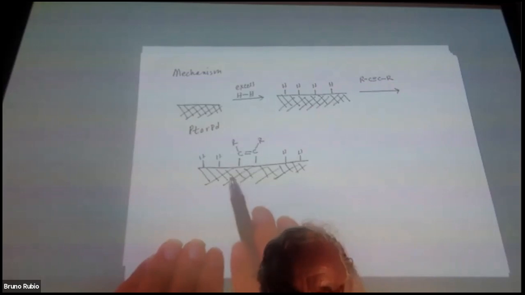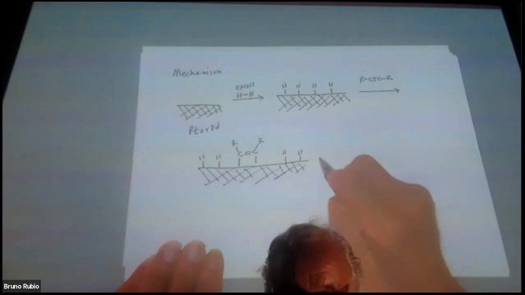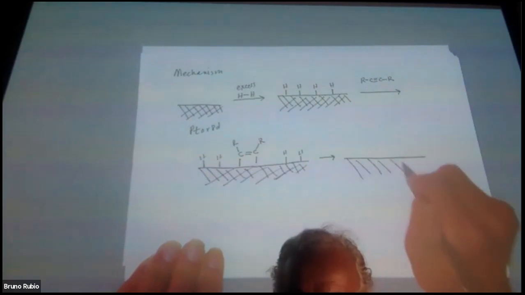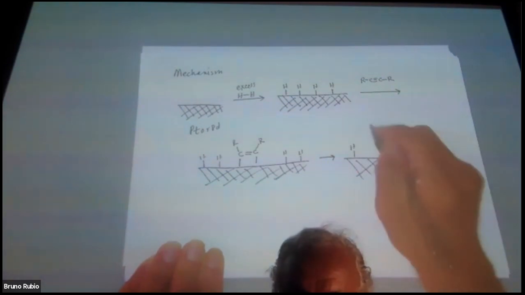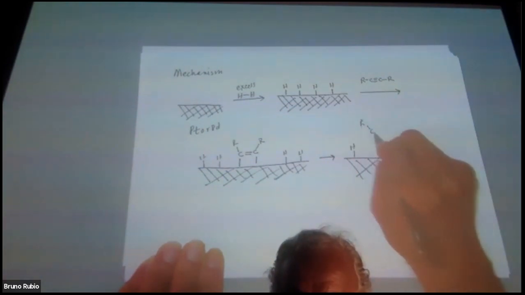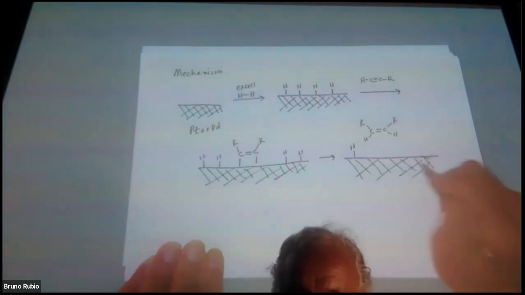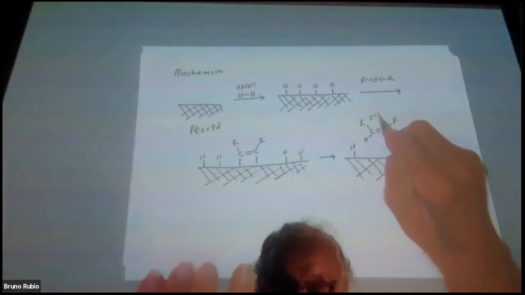Okay, and so now this looks like an alkene. This reacts with this hydrogen. It reacts with some of the hydrogen that's on that catalyst surface, to form a cis alkene, right?